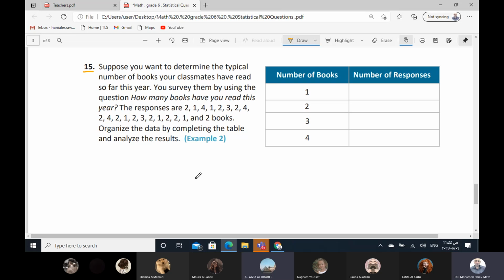Suppose you want to determine the typical number of books your classmates have read so far this year. You survey them by using the question. The responses are 2, 1, 4, 1, 2, 3, 2, 4, 2, 4, 2, 1, 2, 3, 2, 1, 2, 2, 1, and 2 books.